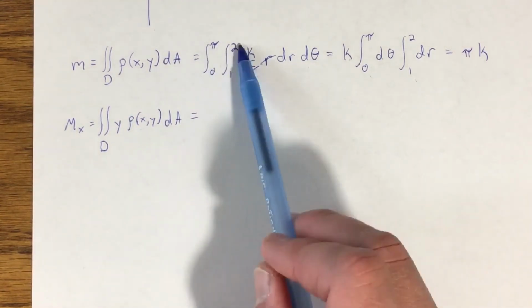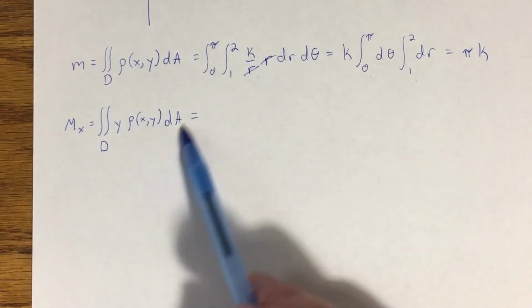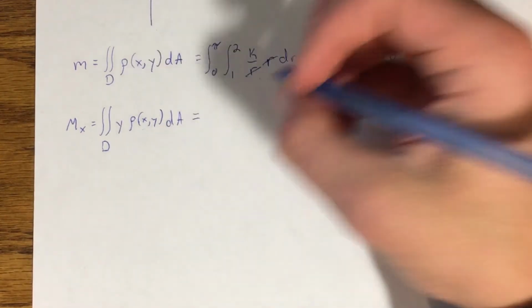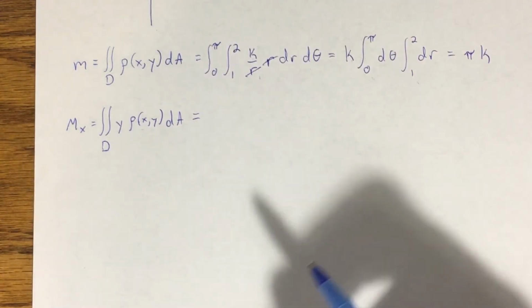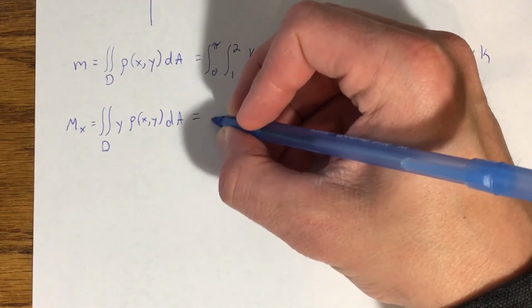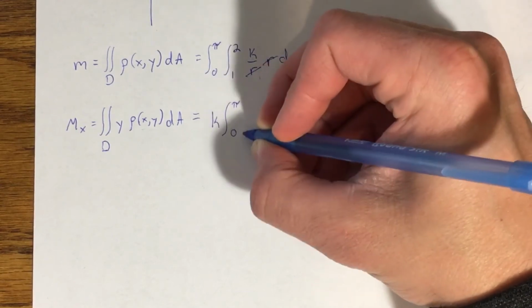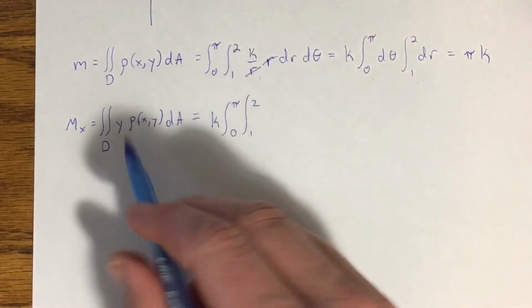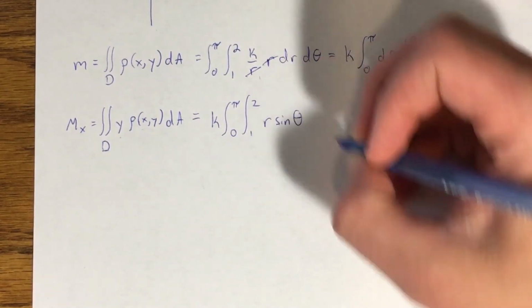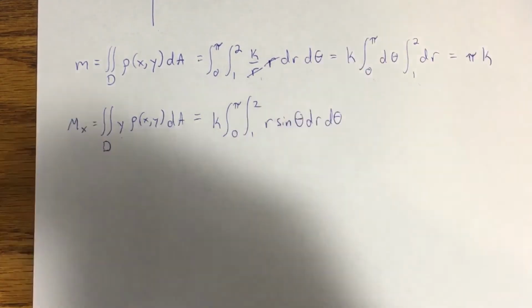I have the same limits of integration here because I'm using the exact same region. So I already know what's going to happen with most of this. The only thing that's different now is the y, which in polar coordinates converts to r sine theta. So I'm going to end up pulling the k out of that integral. Same limits of integration here, 1 to 2. My y is going to become r sine theta, and then I have my dr d theta there.